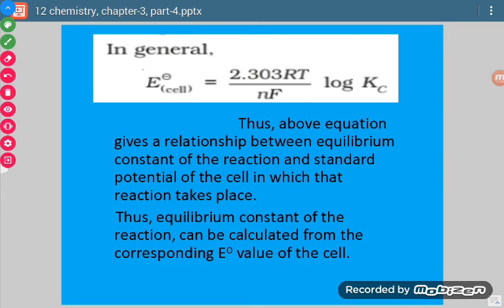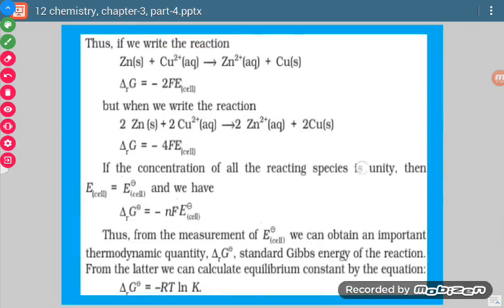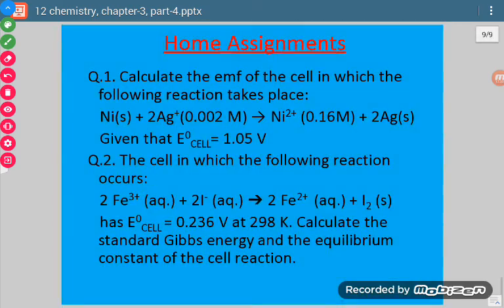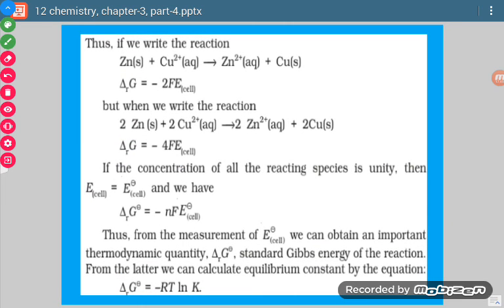So if we put this value, 2.303 RT over nF into log Kc, there, then there will be one more relation, and that relation will be this. Here K stands for Kc.